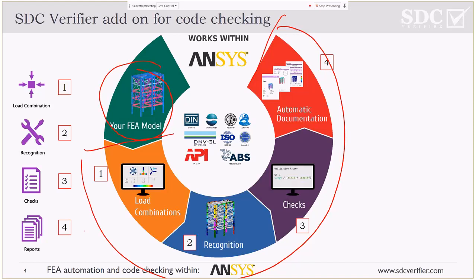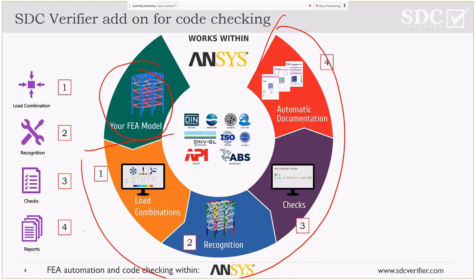Then we have a part on recognition, and recognition we need because rules and regulations are based on structural items and not on finite elements. So in order to give the user the flexibility to build up a model the way he wants, because he needs that for accurate stresses, for plastic capabilities, for post buckling, whatever.